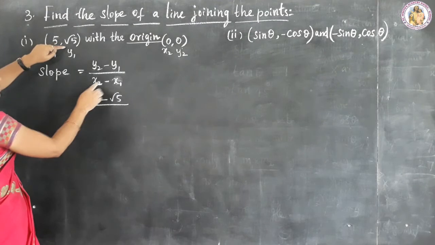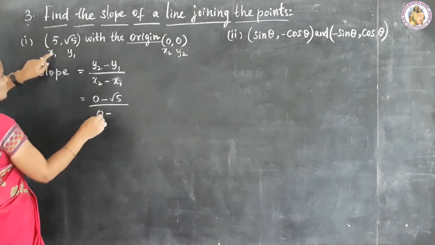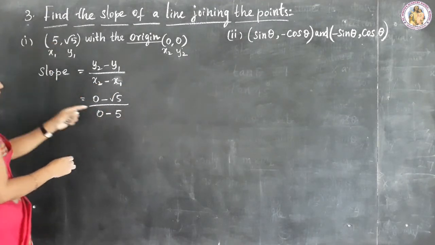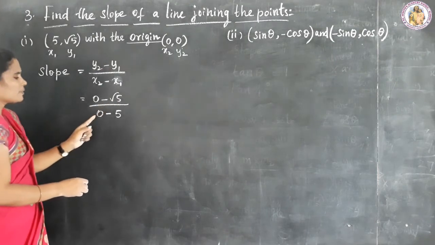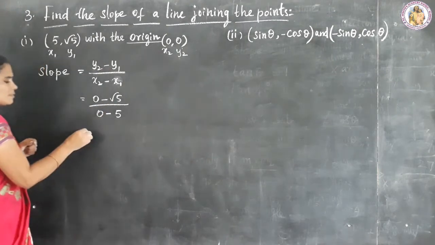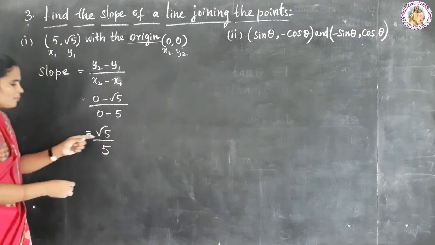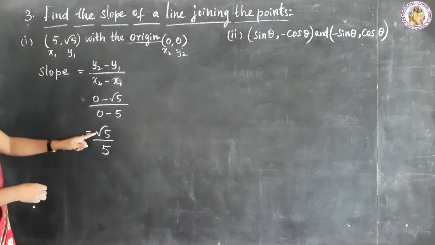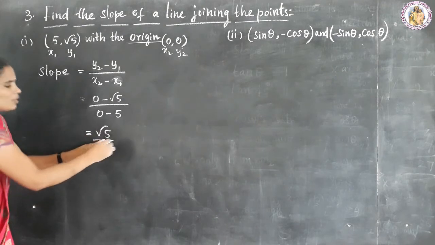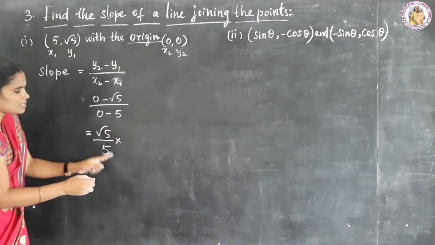divided by x2. x2 is 0 minus x1 is 5. Now 0 minus root 5 and 0 minus 5. You get root 5 by 5. Now here in the numerator we have root 5, so multiply root 5 in both the numerator as well as the denominator.